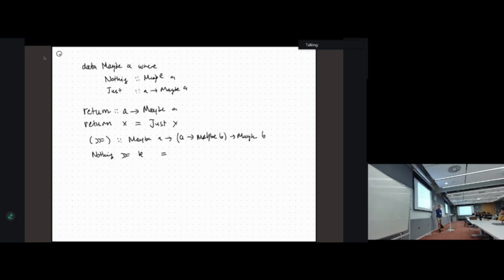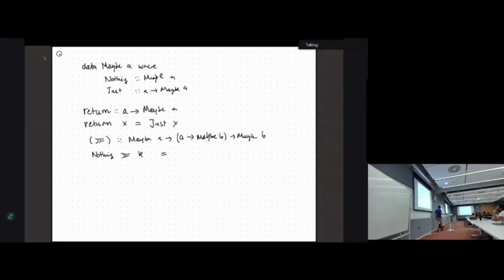So think of nothing as the computation that failed, and K is what we want to do after the computation has failed. So what we do, well, there's not much you can do, right? And if you follow the types, you realize that your hand is forced as well.